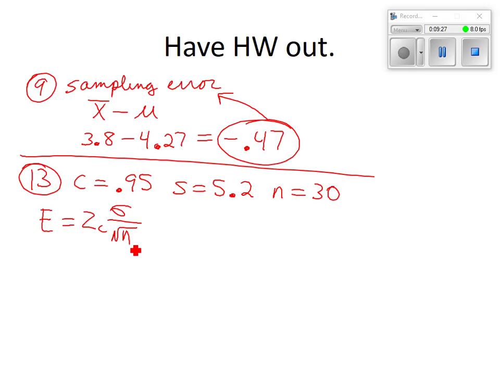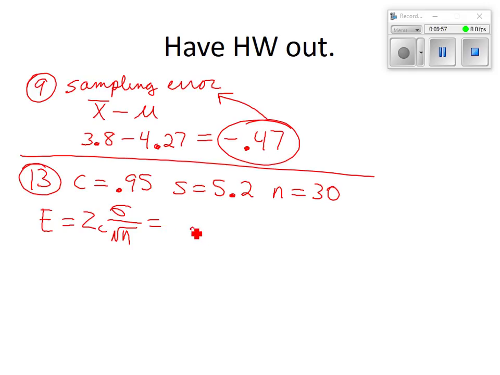Remember from last chapter, this is your standard error. It's just expanded out. What's the first thing we're going to find here? Do we know the critical value? We know C, but we don't know the critical value. We need the Z-score there.